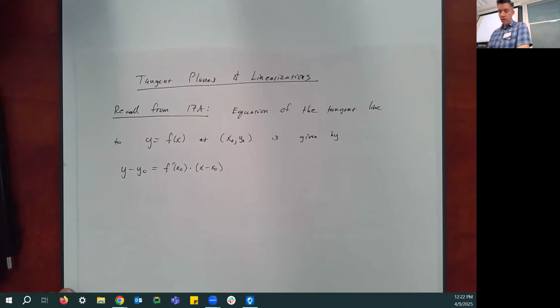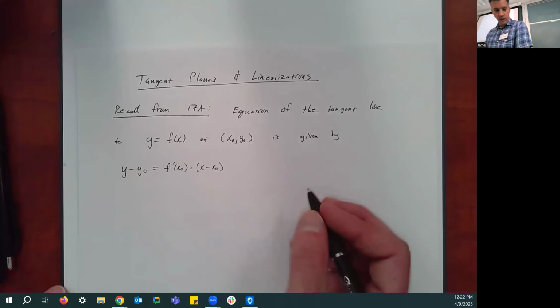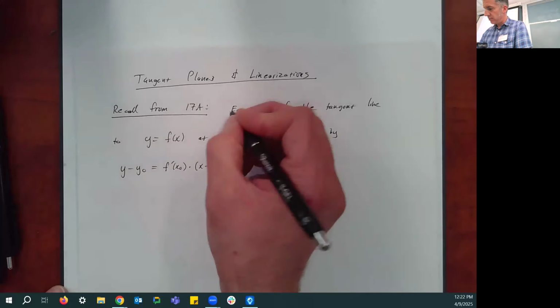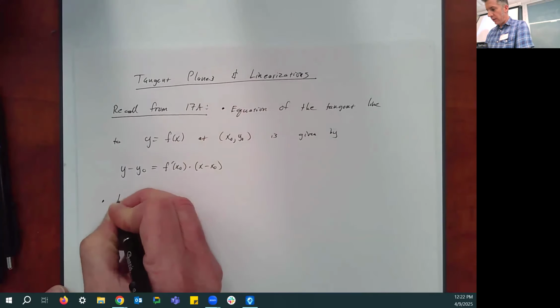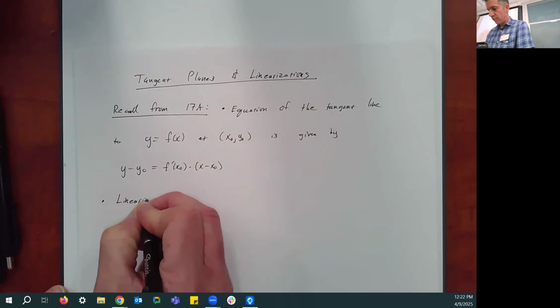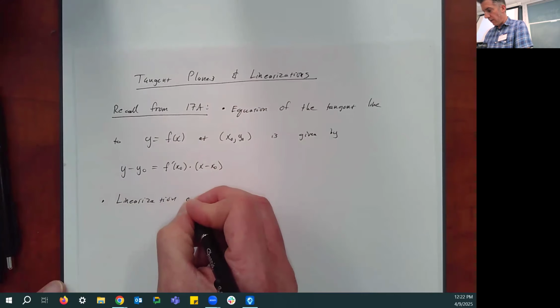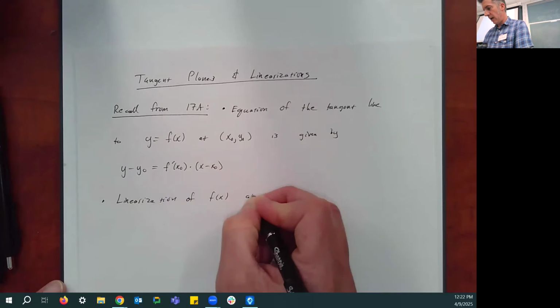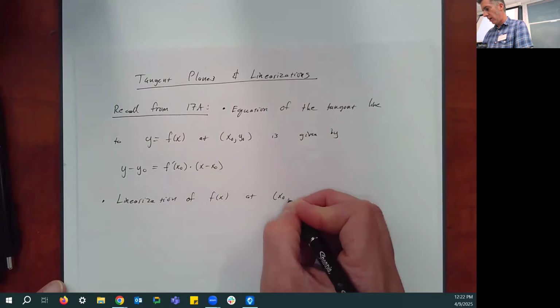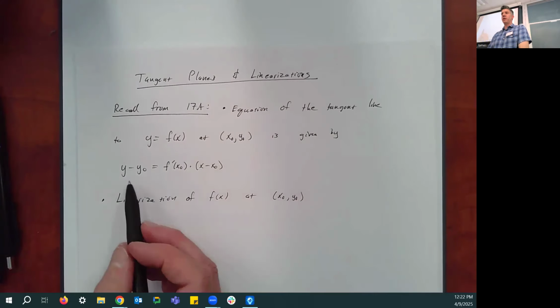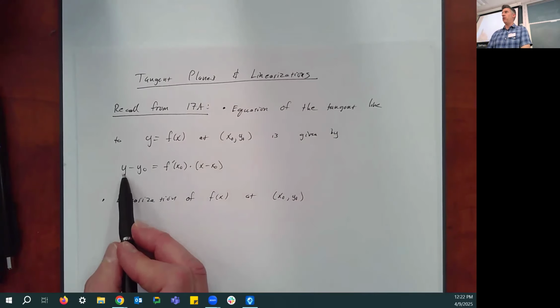And then the linearization is practically the same thing. So the equation of the tangent line is this. The linearization, again, of f of x at the point x naught comma y naught, we're literally just going to isolate y and call it L of x.